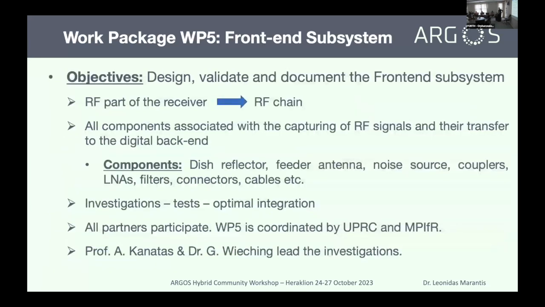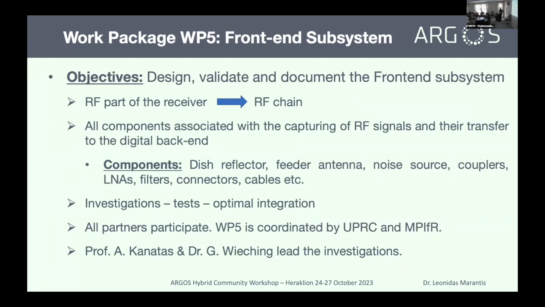So first of all, about the work packages of the Argos project and the front-end subsystem. The objective of this work package is to design, experimentally validate and document the front-end subsystem of Argos.